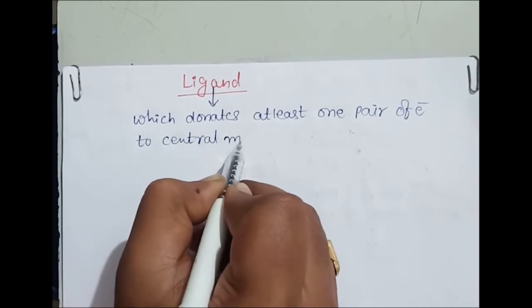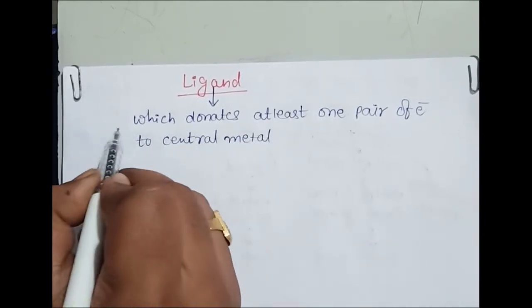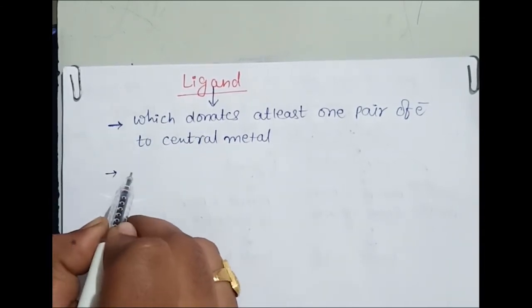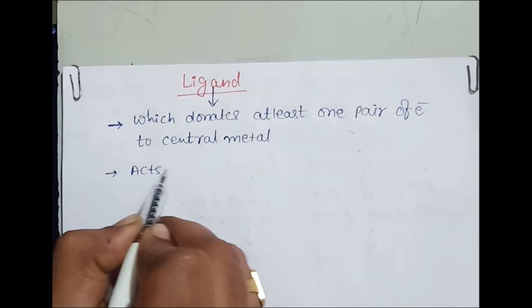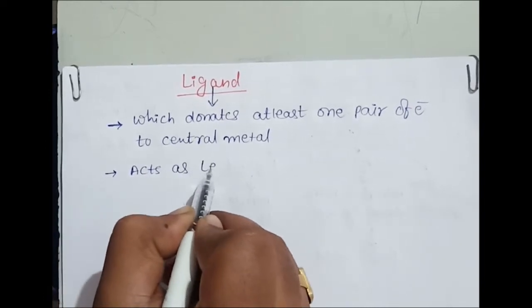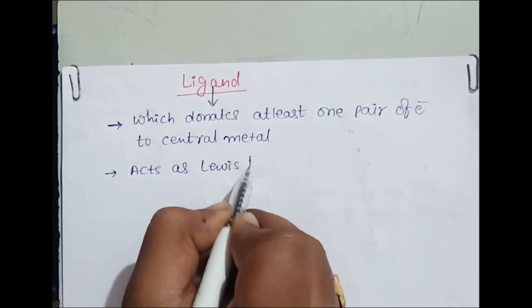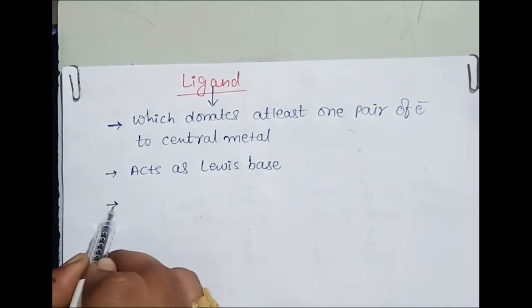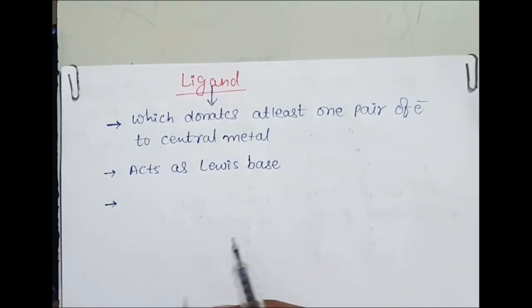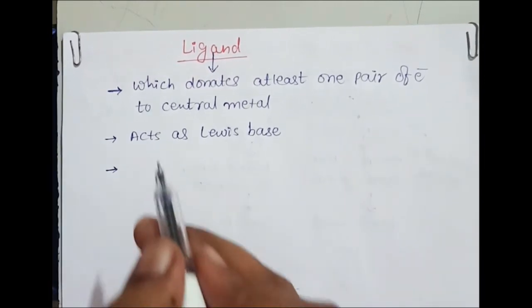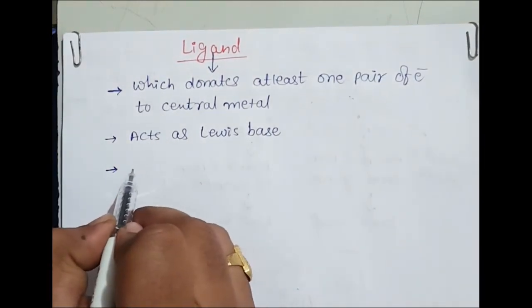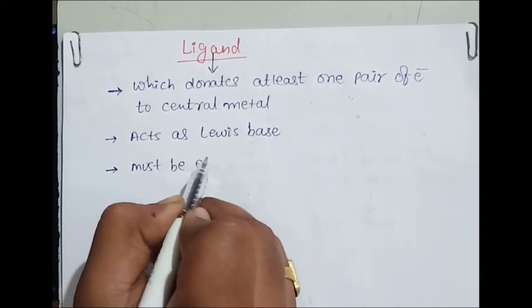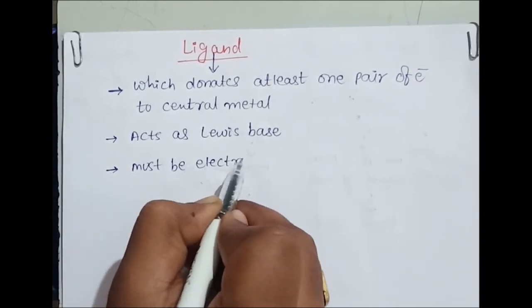So it has to donate an electron pair. Donating an electron pair means it acts as, of course you all know, a Lewis base, and it must have electrons, which means it must be electron rich.